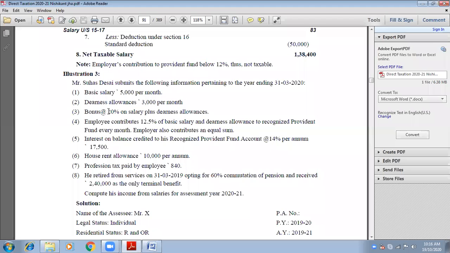So take up the calculator. It would be 60 plus 36, 96,000 into 20 percentage. And the outer column will be reflected by 19,200. This is how you have to write. Is it clear, everybody?